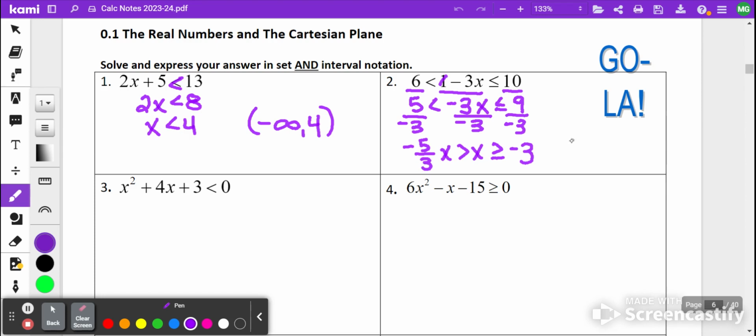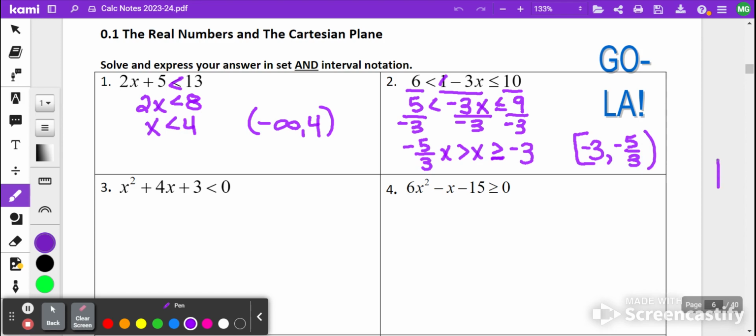If we were to write that in interval notation, we would have a bracket on the negative 3, being the smaller number, by the way, because it says less than or equal to, and the solution goes from negative 3 up until negative 5/3. And of course, if you wanted to write that as negative 1 and 2/3, that would work just fine.